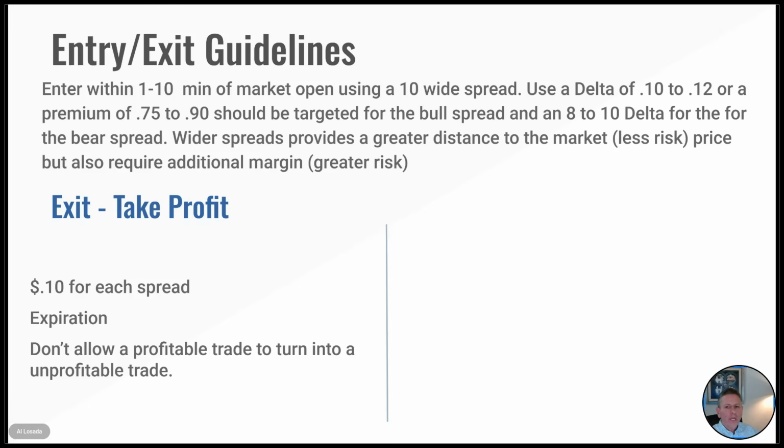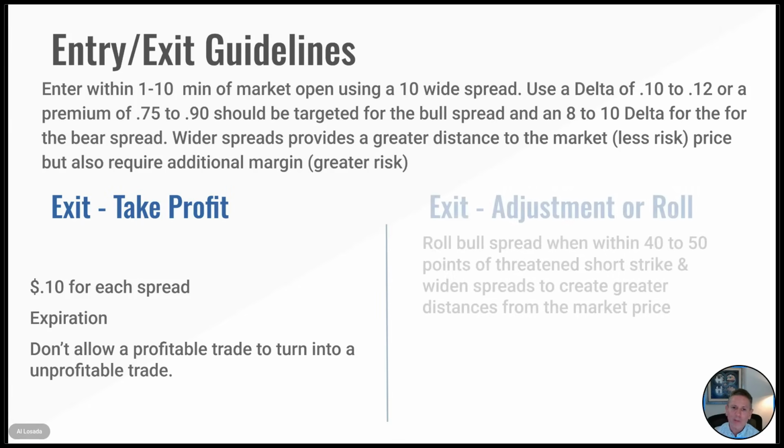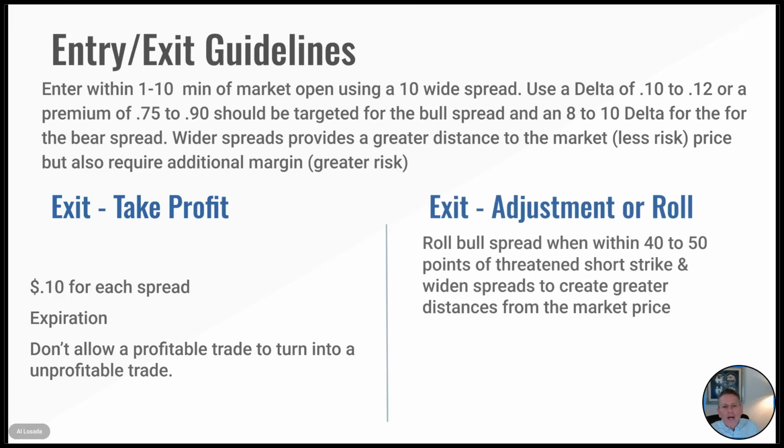All right, and you don't want to allow a profitable trade to turn into an unprofitable trade. All right, so exit when you roll a spread, within 40 to 50 points, that's when I like to adjust those trades, right? And the reason for that is because you don't want to go in the money, all right?